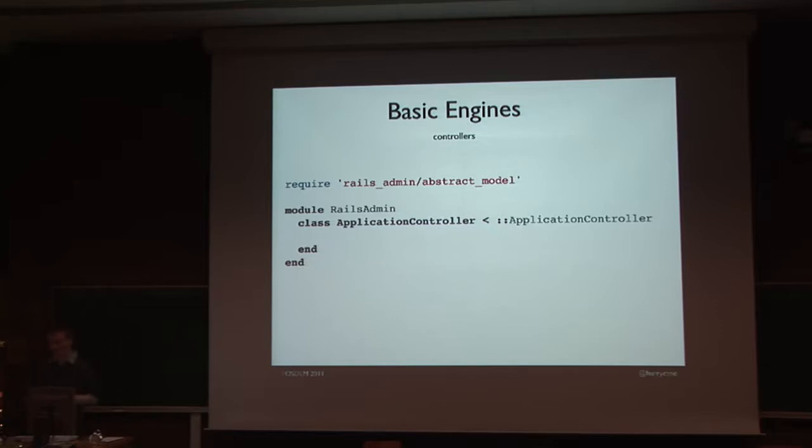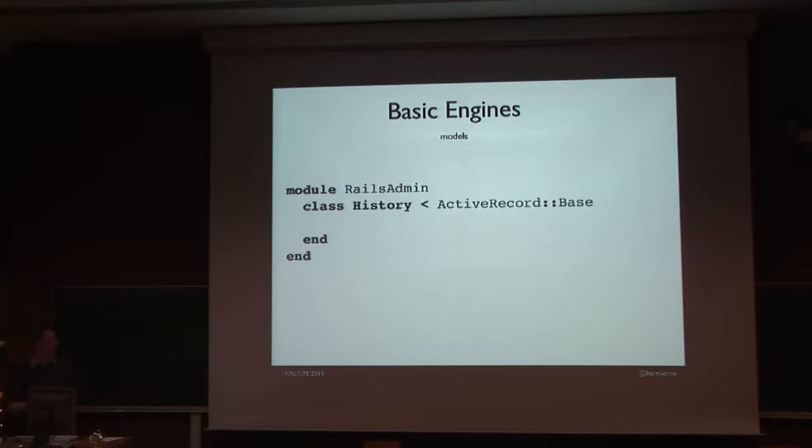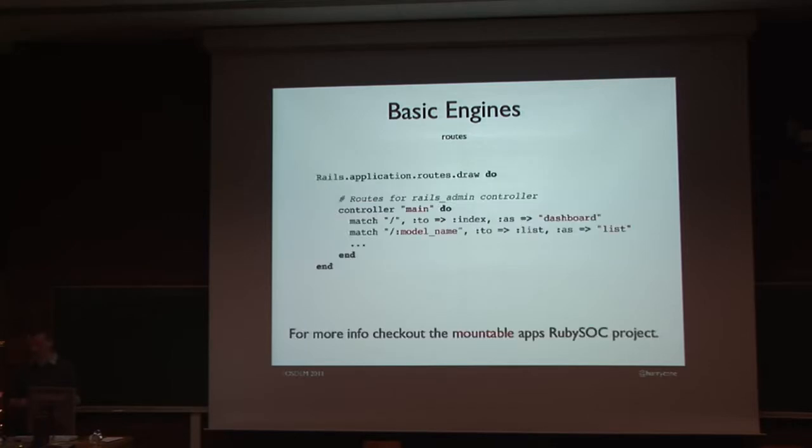So it's very, very simple to write an engine. This is a controller that is just namespaced and it works. You can do that with a module also. And that's the basics of Rails engines.